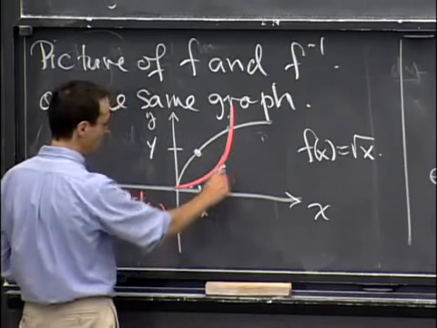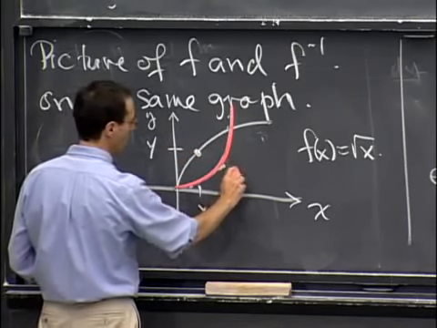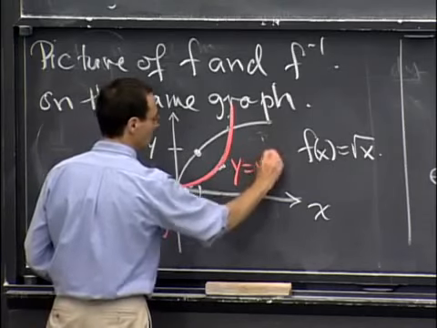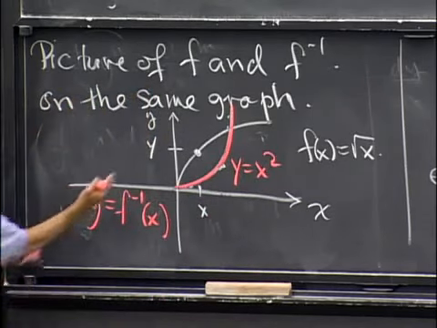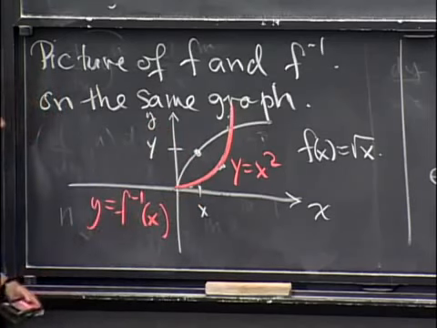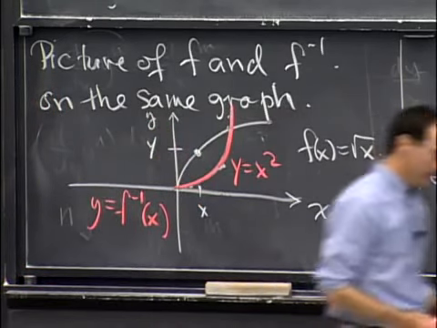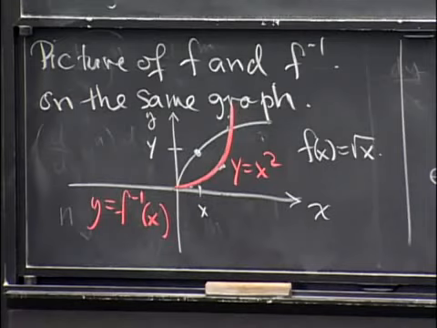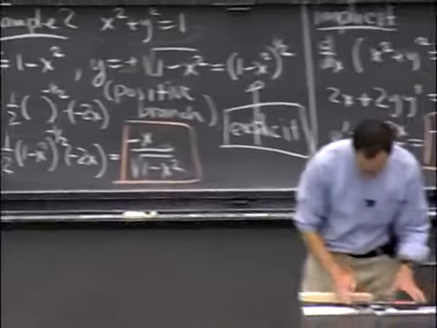This one happens to be y equals x squared. If you take this one and you reverse the roles of the x-axis and the y-axis and tilt it on its side. All right, so that's a picture of what an inverse function is.